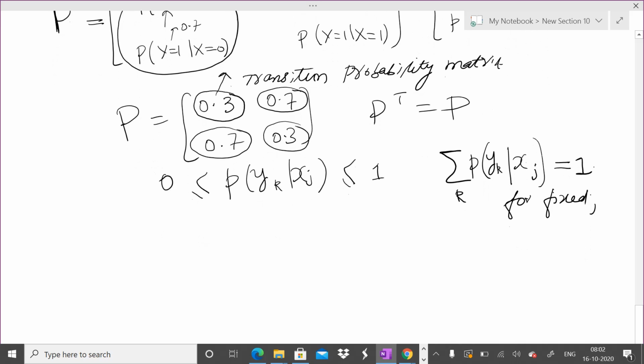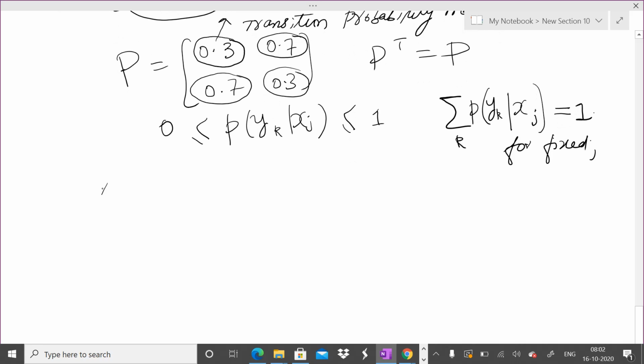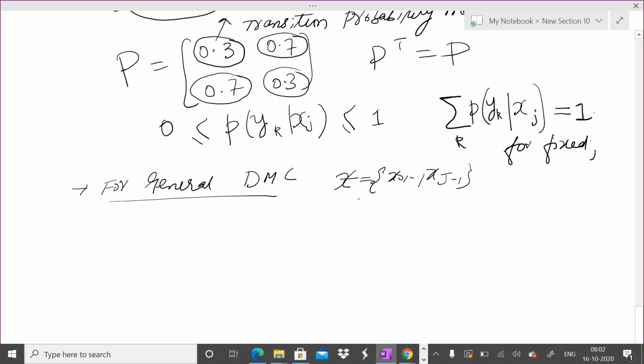Now, for a general channel, a discrete memoryless channel with alphabet x from x0 to xj minus 1 and y from y0 to yk minus 1, here is the transition probability matrix.